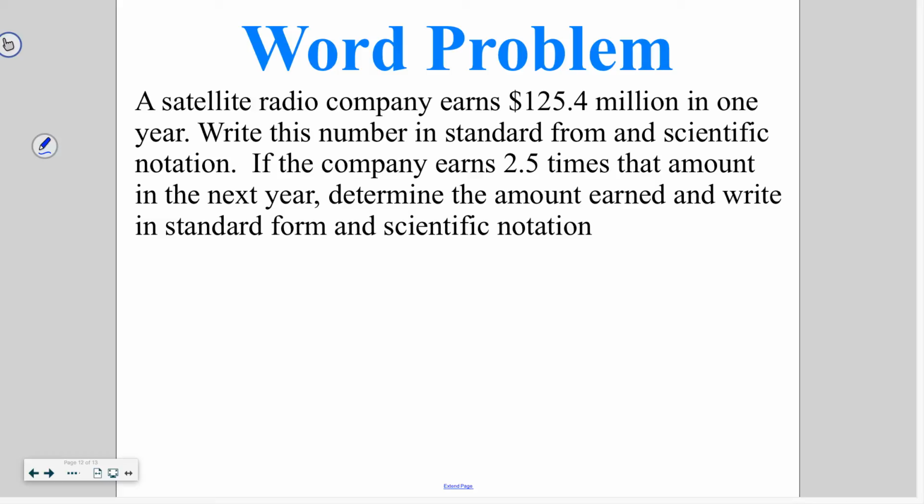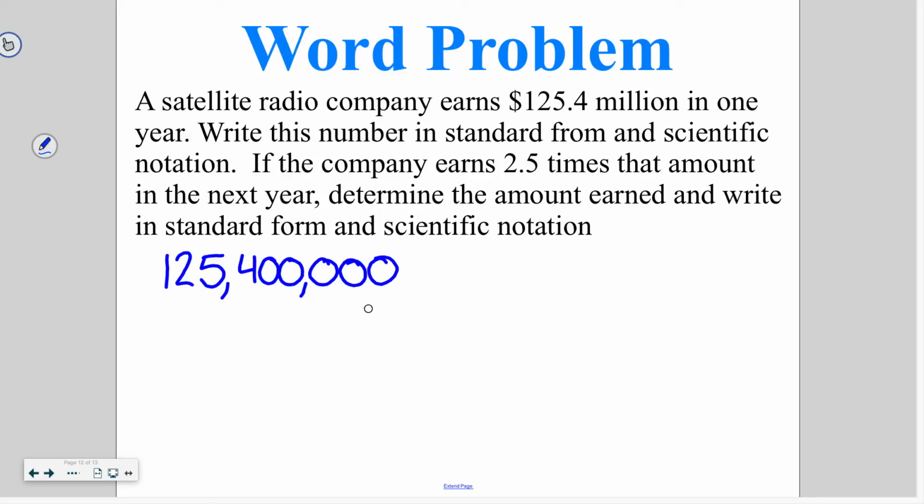So first we're going to deal with this year, and we are looking at 125.4 million. So if I've got 125.4, if I want to turn that into millions, I need to add in some zeros. So that gives us our 125 million.